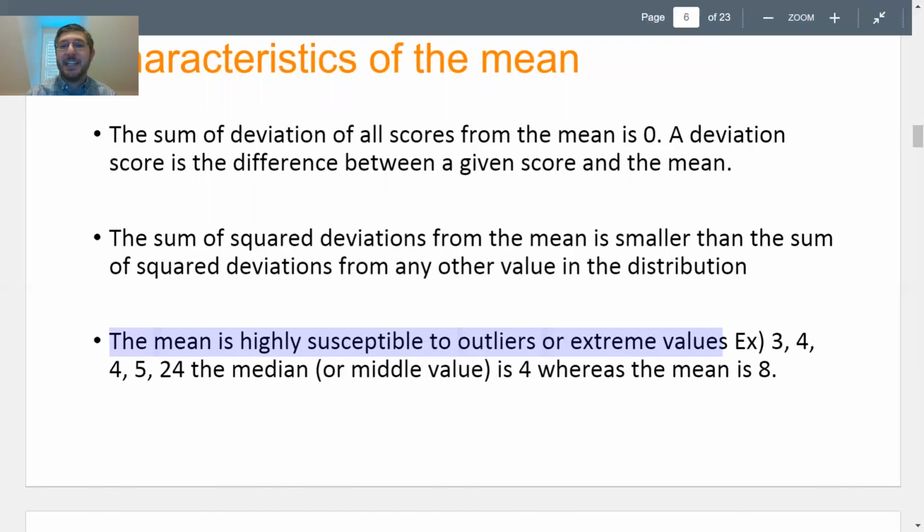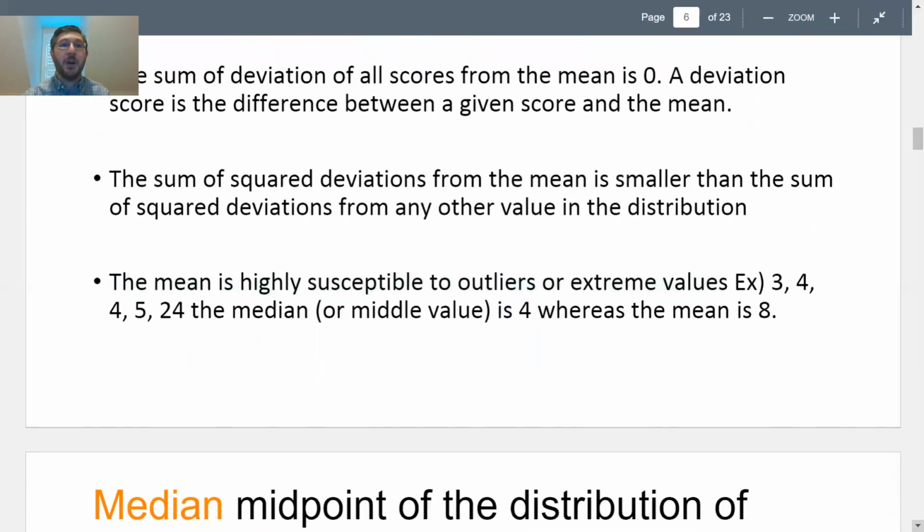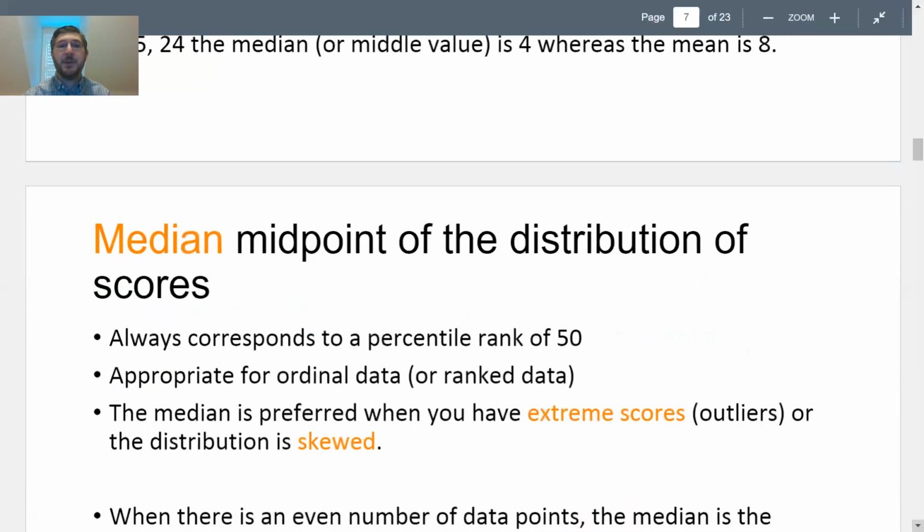So if you look at this example here, we have 3, 4, 4, 5, and 24. So the middle value is 4, or the median value, the one that's in the very middle, where the mean of this distribution would be 8. See how the mean is pulled higher because of the score of 24? So that's an important property of the mean to remember.